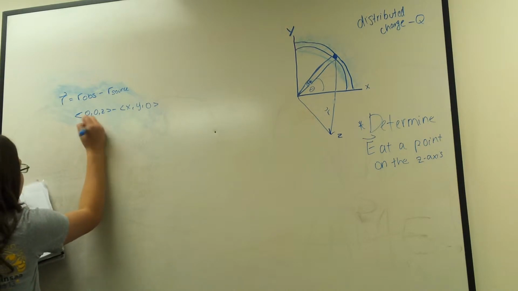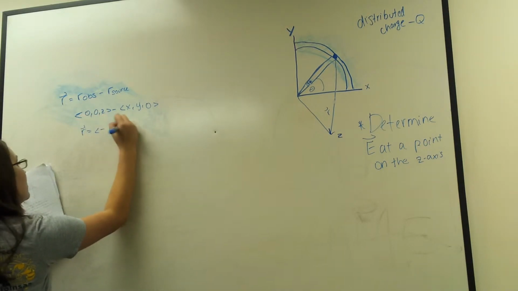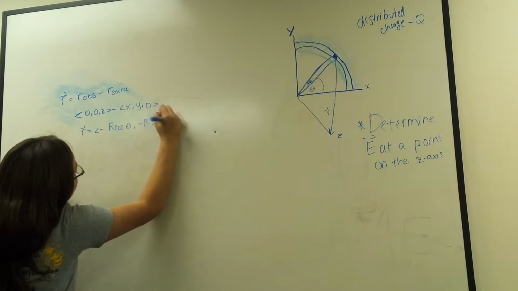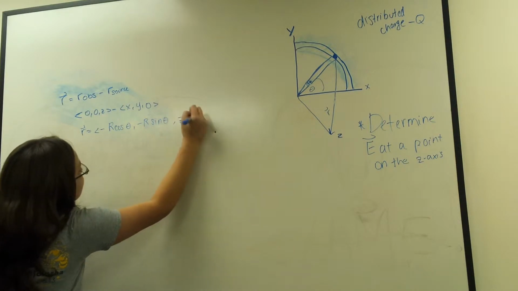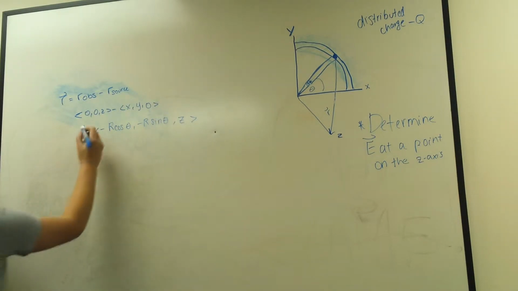So minus X, Y, 0 becomes: your R is going to be negative R cosine theta, negative R sine theta, and Z. And that's it. There's your answer.